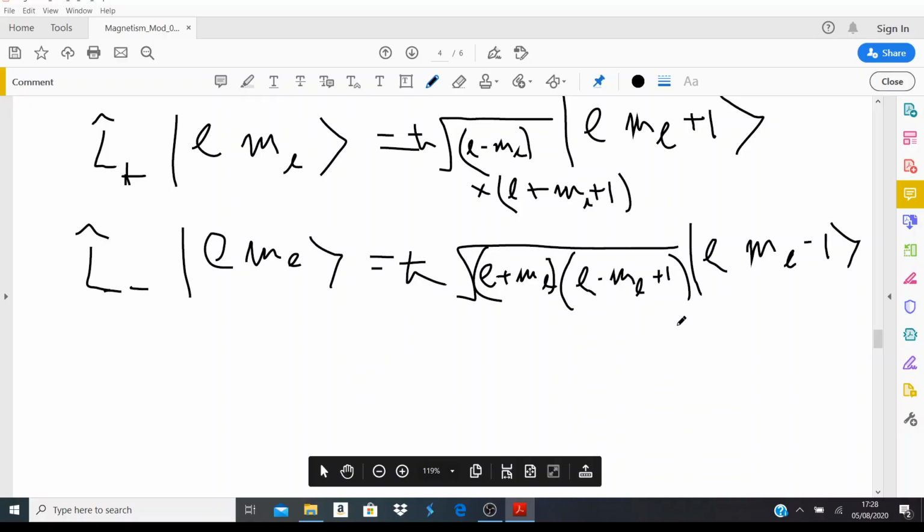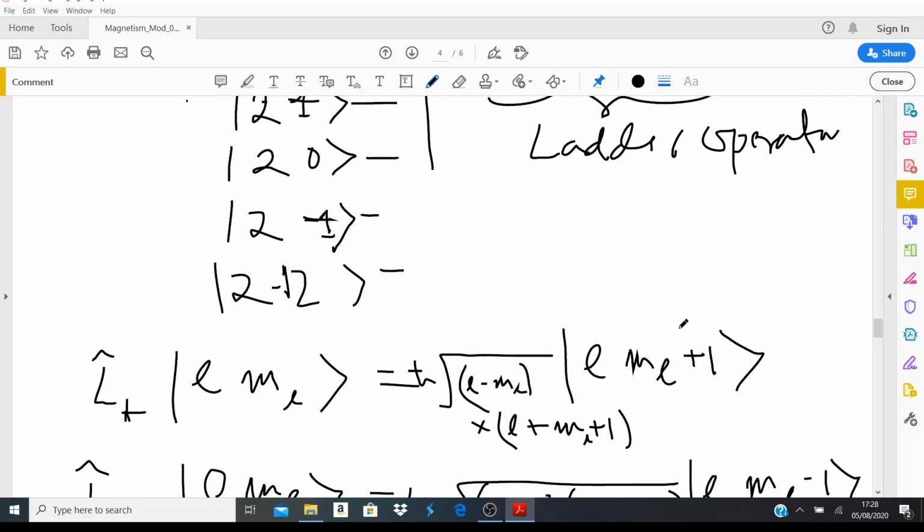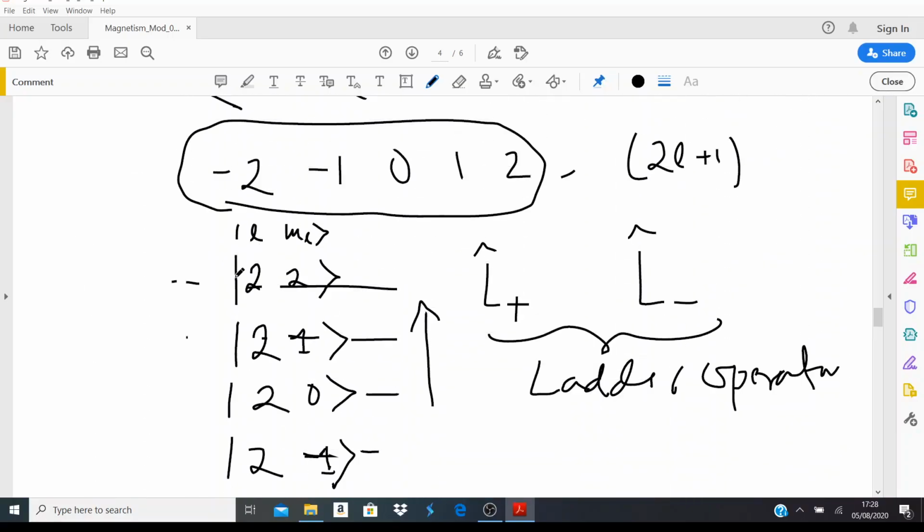And now one important point I want to mention before I end this lecture is that, let's say you are sitting somewhere here, right? The ladder, that's the highest step of the ladder, and then you want to go 1 step above, right? But there is no step above. So that's why when the state is in such a place where ML is the maximum L, and you want to operate with L plus, right, it will kill the state.